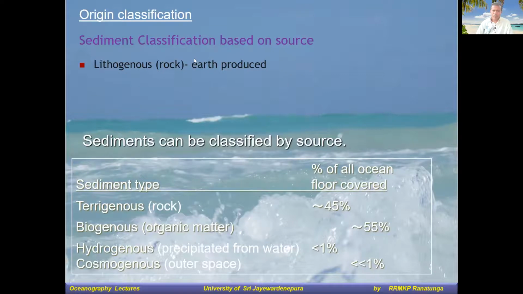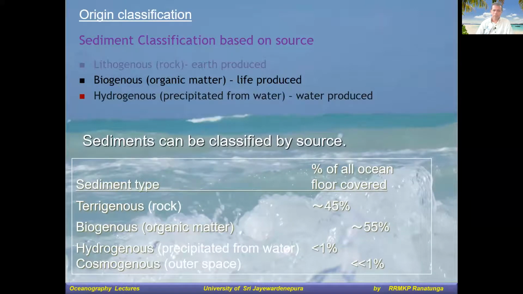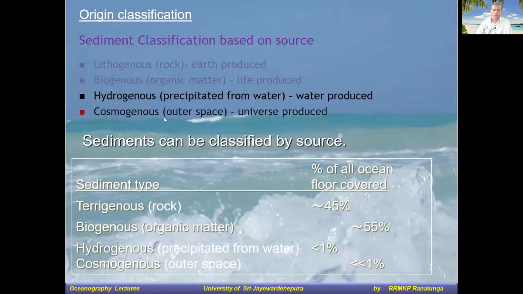Therefore, the term earth produce, because earth usually refers to the rocks. So earth produce sediments, then the biogenous, organic matter, that's the life produce sediment, then the hydrogenous, that anything deposited from the seawater itself. So water produce sediment, and the last one, the cosmogenous, or outer space, universe produce, right?